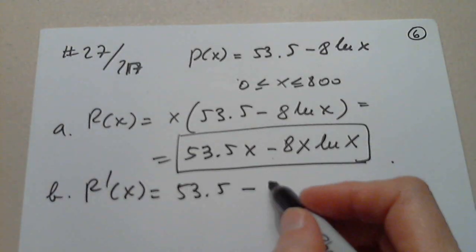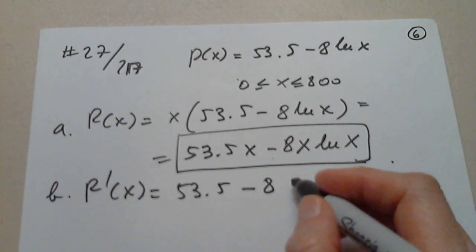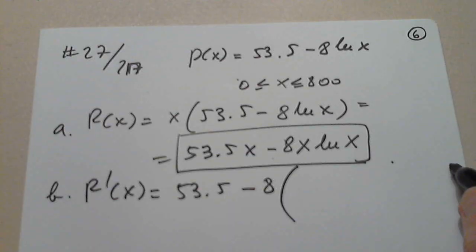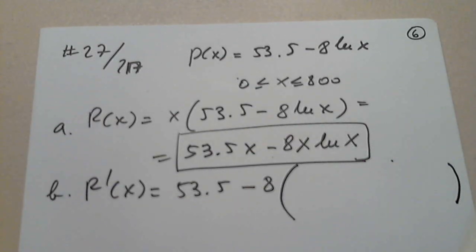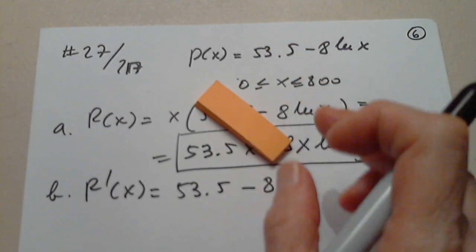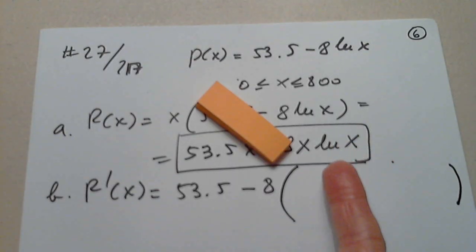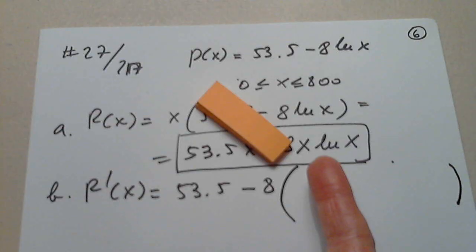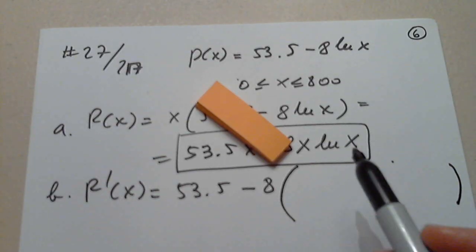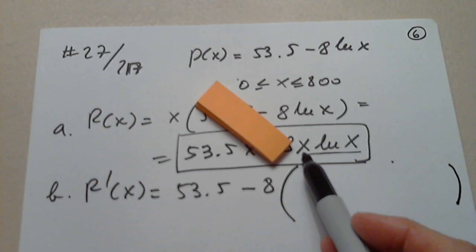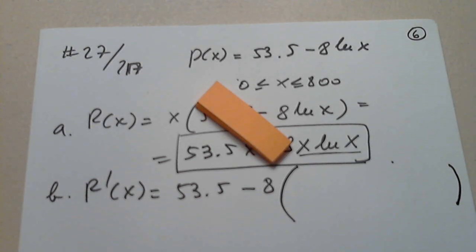Minus 8. And now you have to open parentheses. Leave the negative 8 outside. And we have to differentiate this. Which formula or which rule will you apply on this? Product rule.